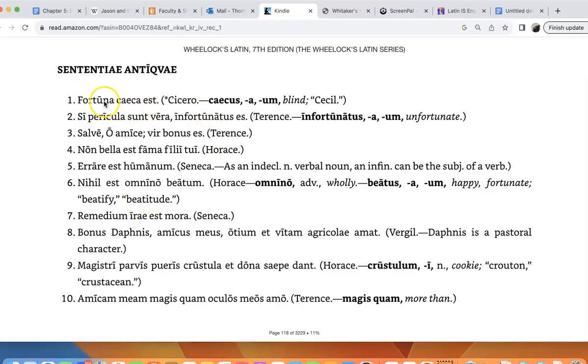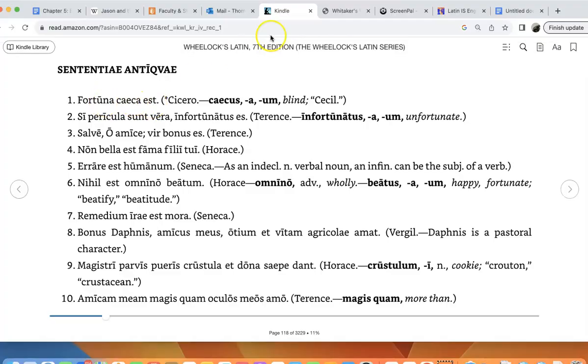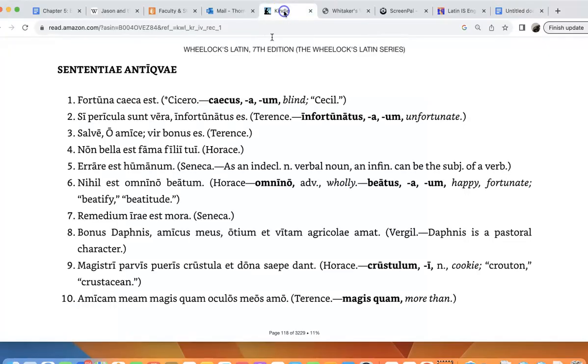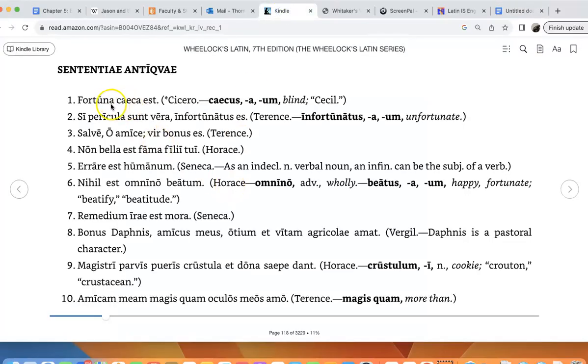So this one's pretty easy. It just means fortuna caeca est. So we just say fortune is blind. So there we go. It doesn't get easier than that. Now, just a couple of things.